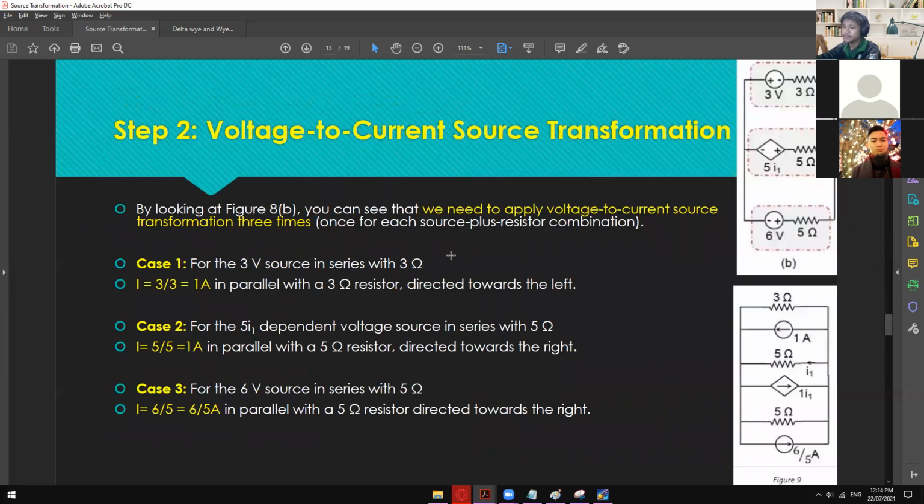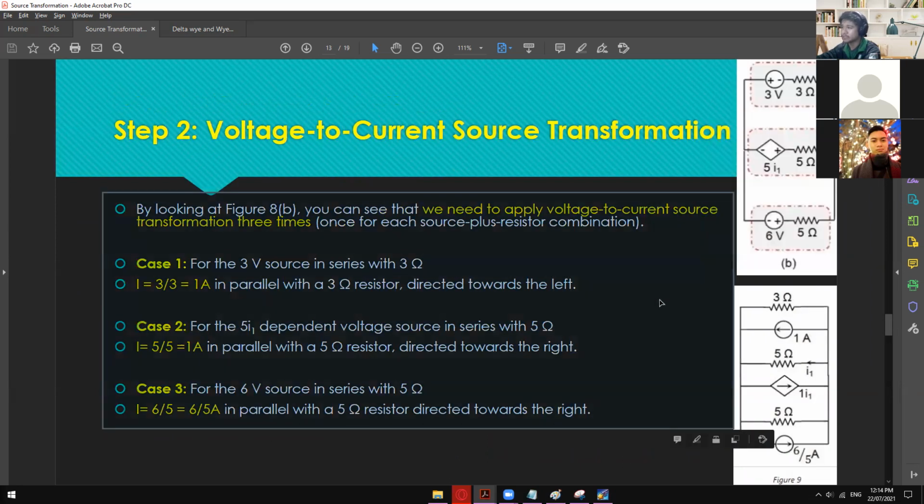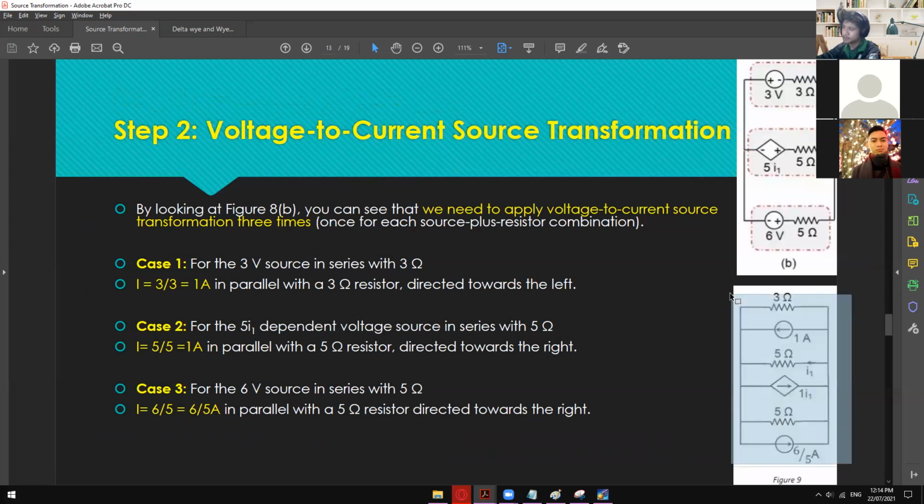Alright, after that, you can now transform this one and this one into another source, from voltage sources into current sources. Why are we doing that? Because if we have current sources, we can simply add them as long as we know their direction.